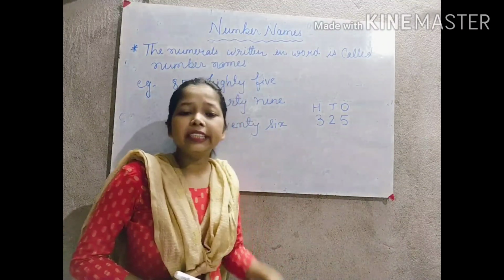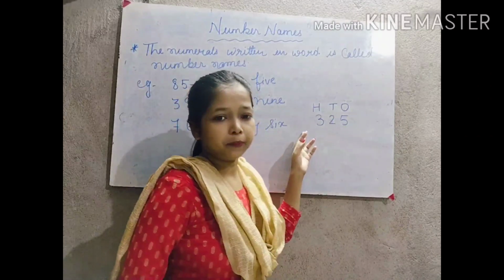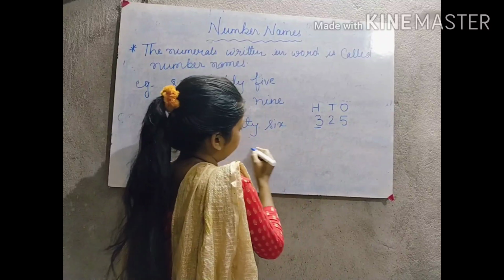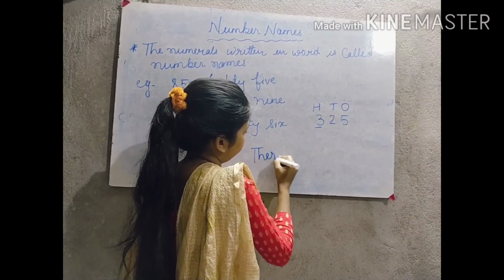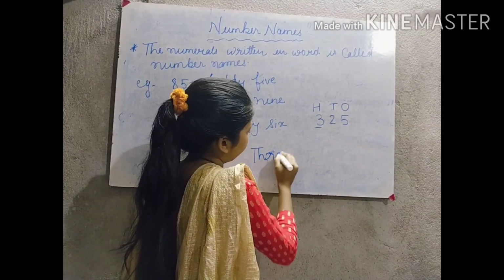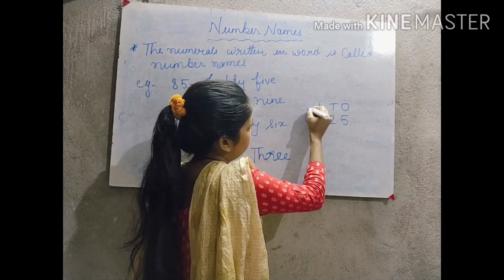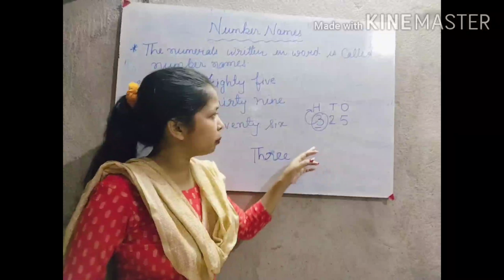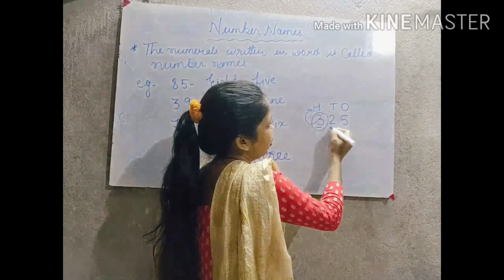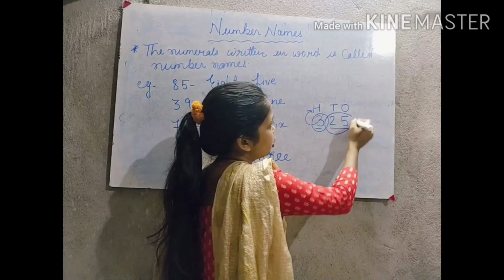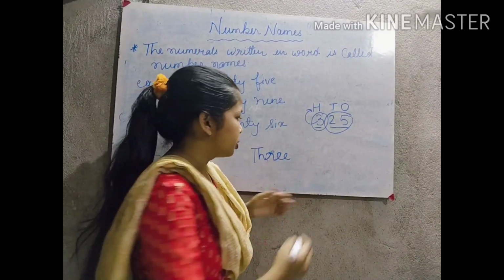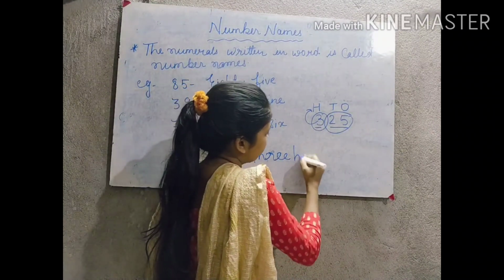So we will write 3, then its place, that is hundred. We will write here 3 in the hundreds place, followed by the last 2-digit number, that is 25. So we will write here 325.